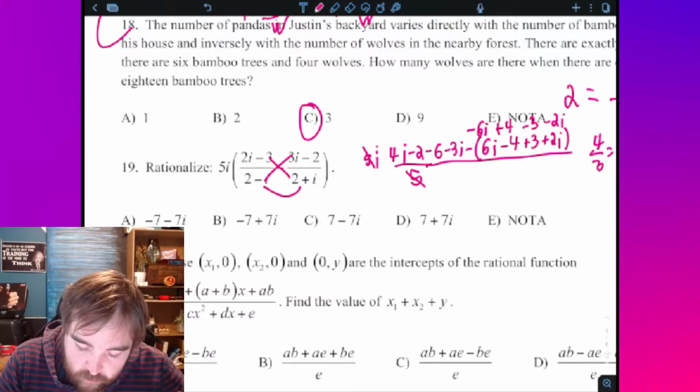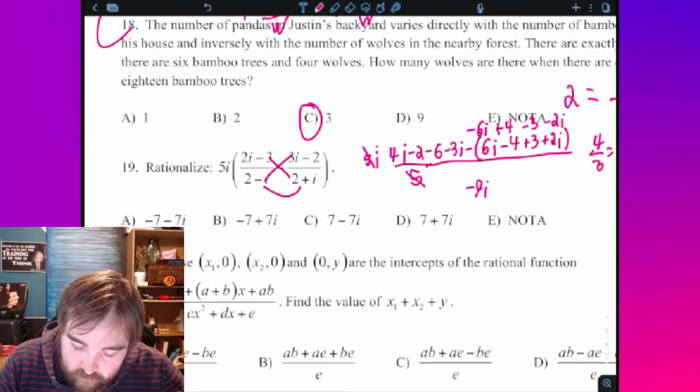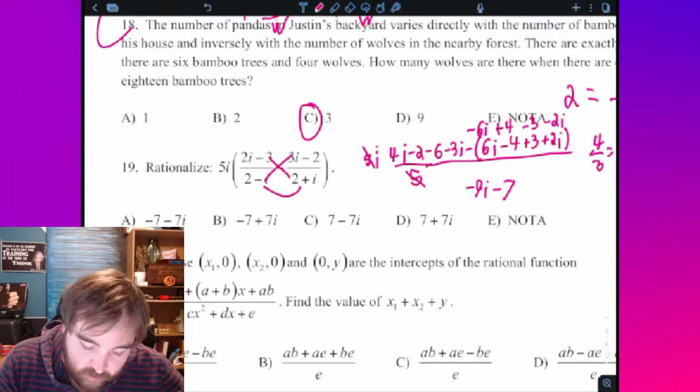And then I'll just combine. So we got i, negative 7i, negative 9i, and then we got negative 8, negative 4, negative 7. Okay. Times i.